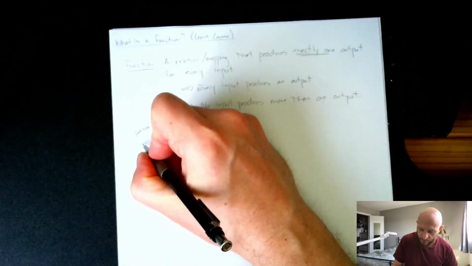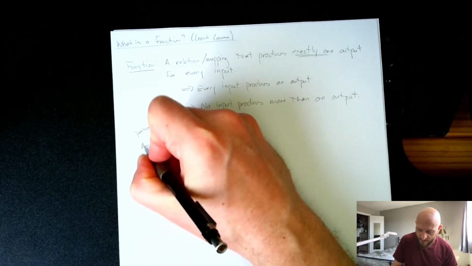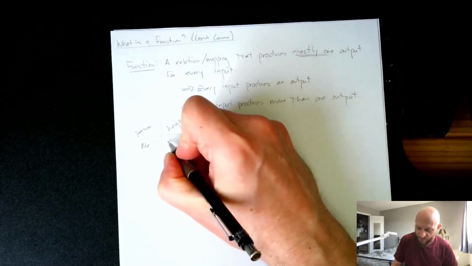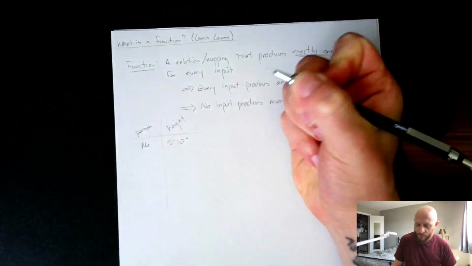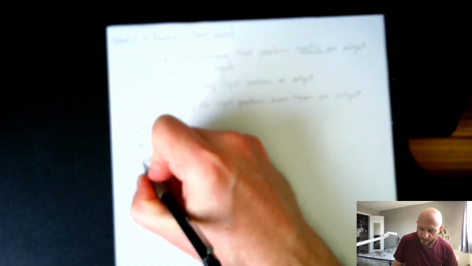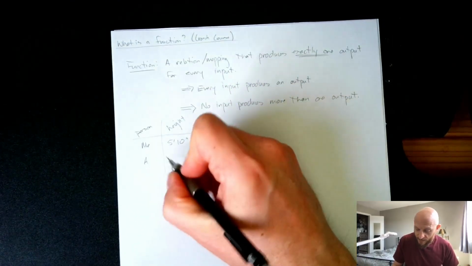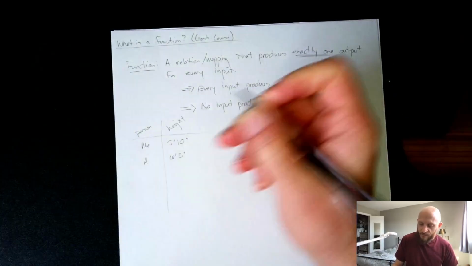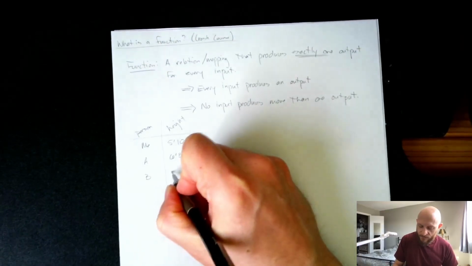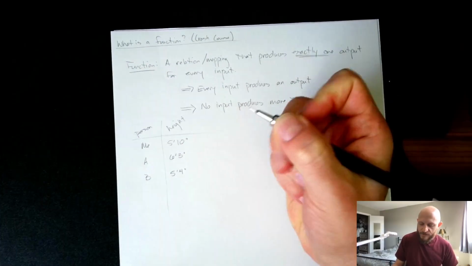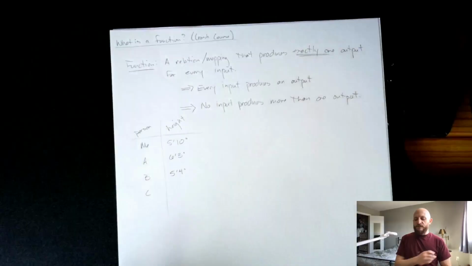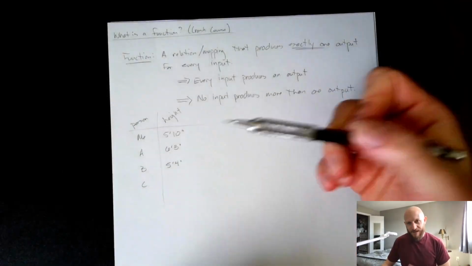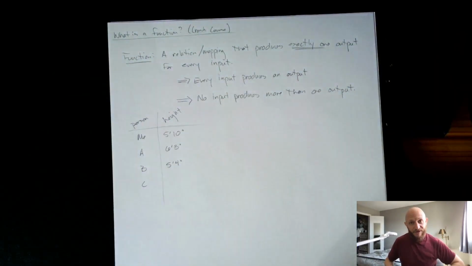So we'll start with me. I'm 5'10" on a good day. And then there's person A, and they are tall. They're 6'3". And then there's person B, and they're not quite so tall. They're 5'4". And then there's person C. And it would just keep going on and on, just the person and then their height.